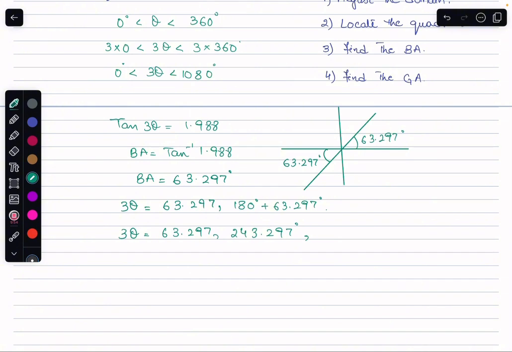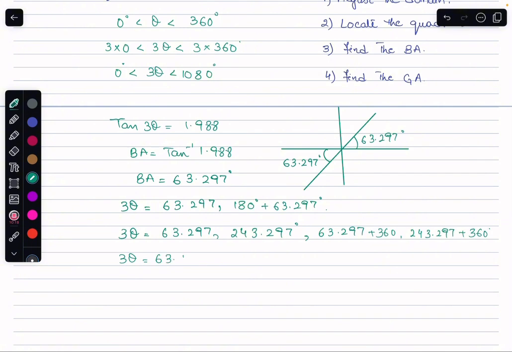Secondly, for the second rotation, it's 63.297 with 360 added to it, and 243.297 with 360 added to it. So these are the two values for the second rotation. So I have the 3 theta values.